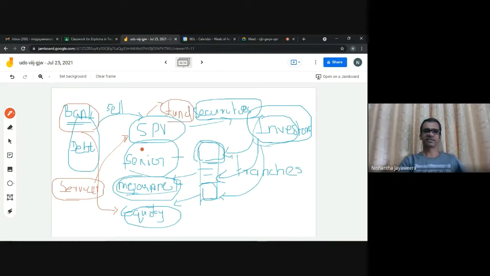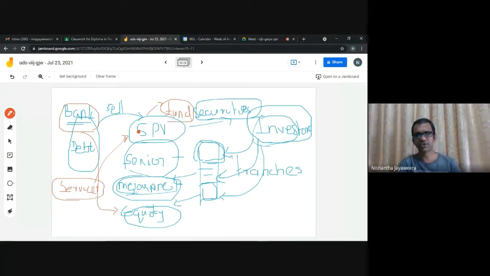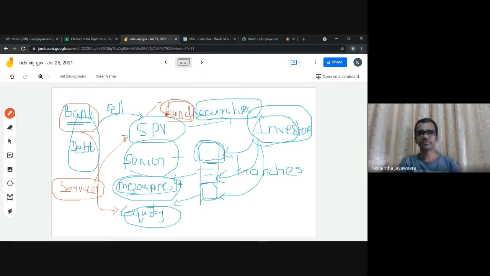So if there's any excess, once you pay the senior tranche, mezzanine tranche, and equity tranche, there can be a fund that you build as a cushion. If there's any default by customers and the cash flow is not sufficient to pay the investors who have invested in any of these tranches, then they will use this fund to cover the shortfall.